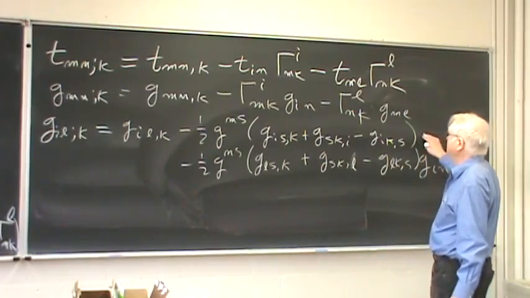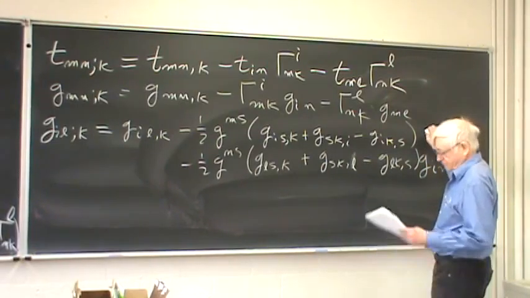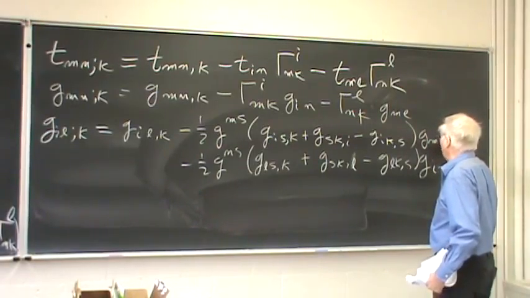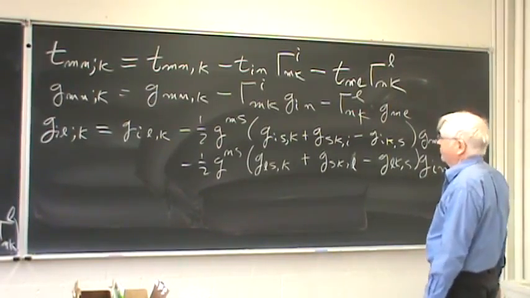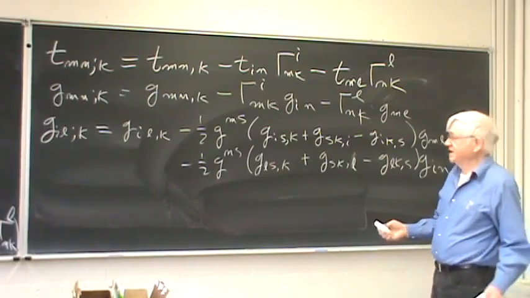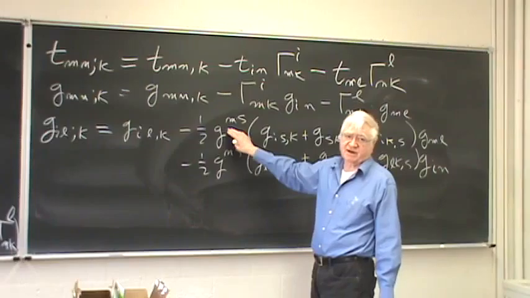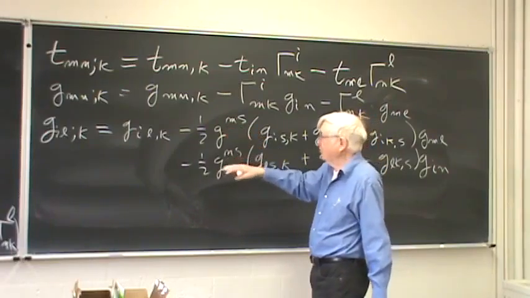There's a G_ML here. Now we have an obvious cancellation. First of all, remember our metric tensor is symmetric in its lower or equivalently upper indices.